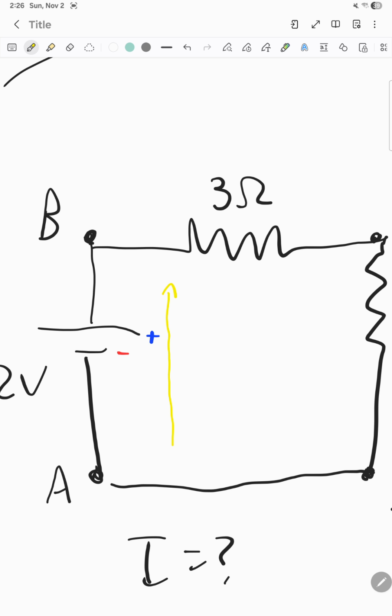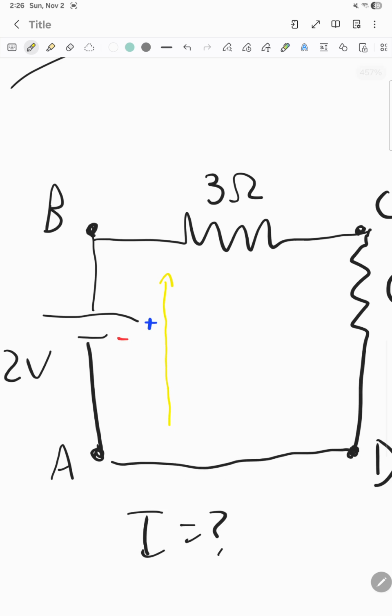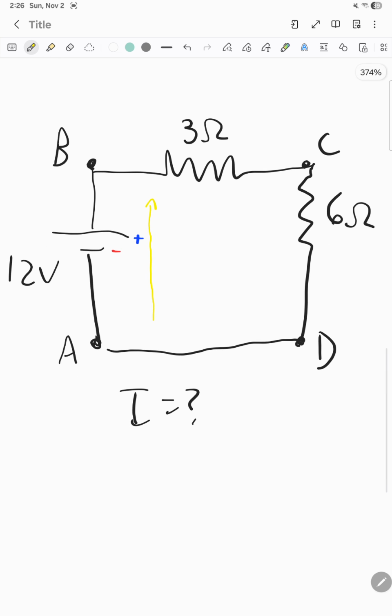So when you say the current goes like this in your hypothesis, and it goes through the battery from negative to positive, then the voltage you'll consider positive in Kirchhoff's voltage law.